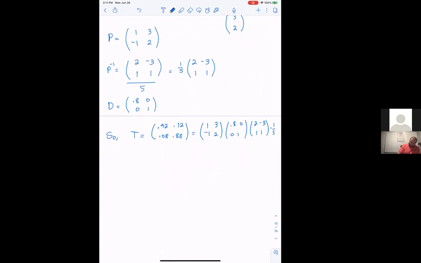So in other words, let's think about it like this. If you keep transitioning over and over and over again, I can form T squared, T cubed, T to the 4th, T to the 5th, but essentially what I'm looking for is T to the infinity. Now, T to the infinity is not really defined.